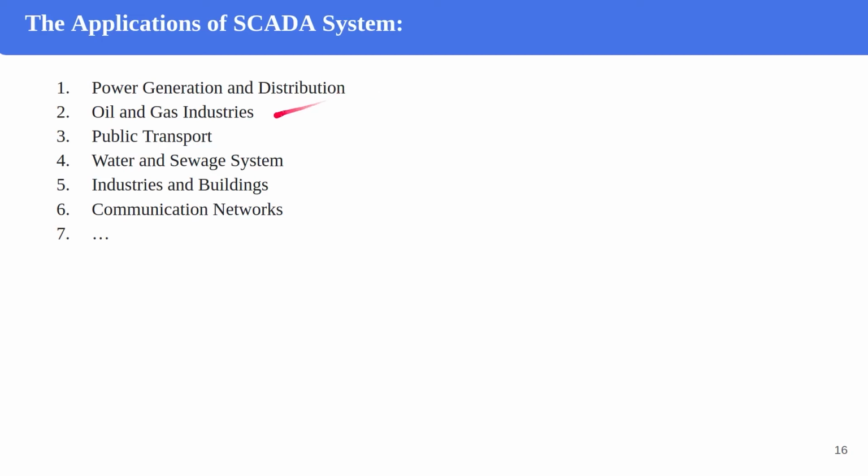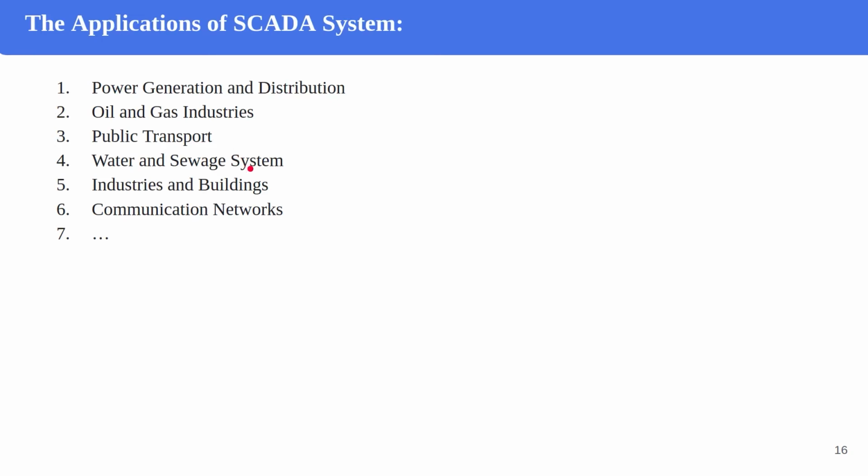For oil and gas industries, SCADA can be used for controlling and regulating and monitoring the flow, reservoir status, pressure in distribution pipes, and so forth. For public transport, SCADA can be used for controlling and regulating the subway electricity, the traffic signals, the live tracking of flights, trains, buses.